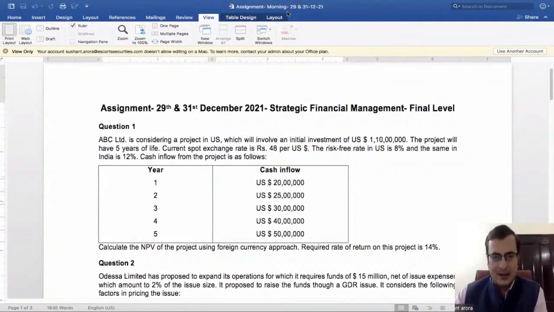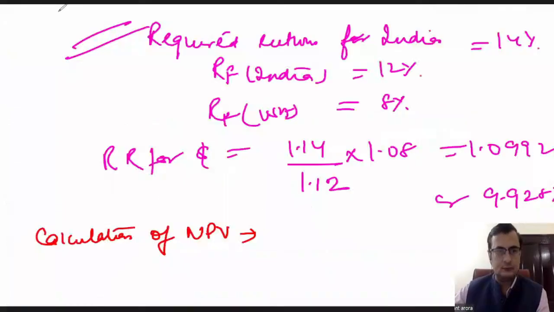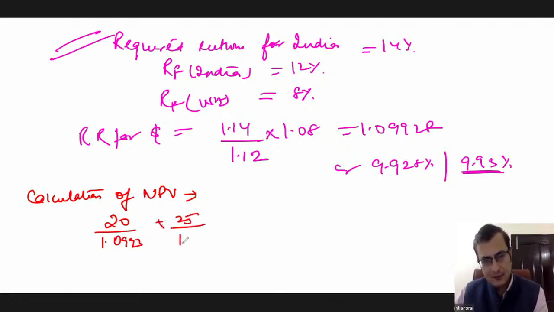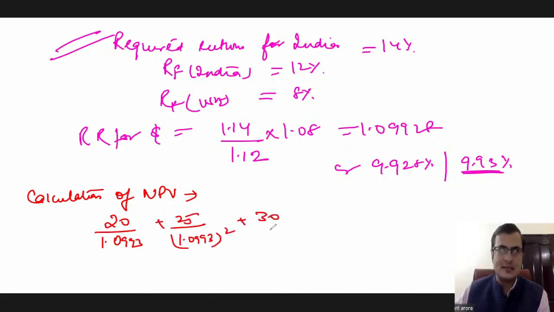So 20 divided by 1.0993 plus 25 by 1.0993 square plus 30. Oh, acha, this is in millions, right? So it will be, I think, 2.5.